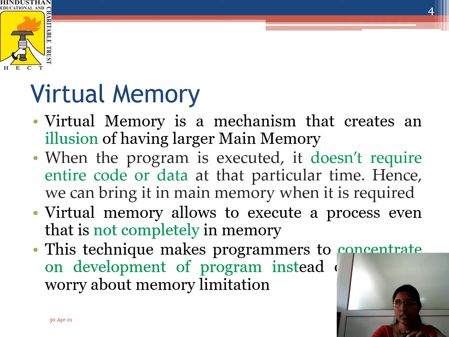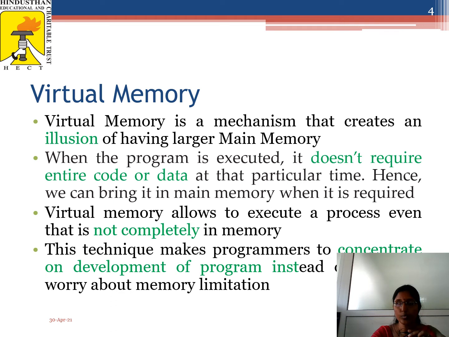Virtual memory mechanism creates the illusion that we are having large main memory. It means that we can run our application whose size is larger than main memory. How is it possible? While we execute, our program needs to be transferred to main memory, but the processor does not require the entire code or data at a particular time.